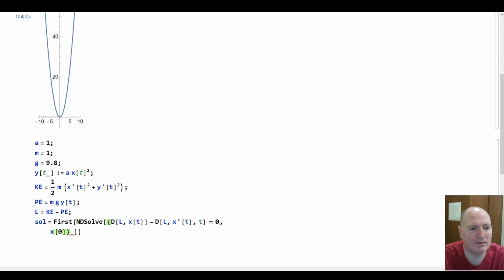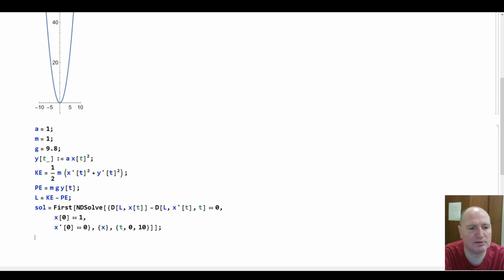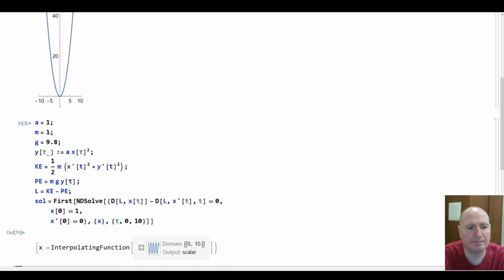And let's have x of 0 equals 1, x prime of 0 equals 0, so it starts at rest. Please solve for x, and let's have t go 10 seconds into the future. I'll just run that.